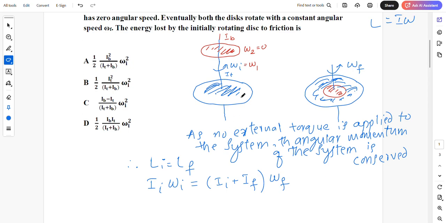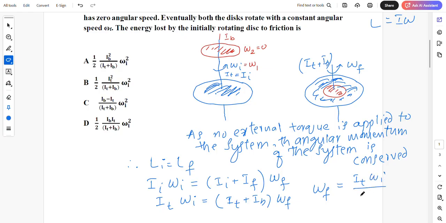So in place of I initial, that is IT, into omega I is equal to IT plus IB, since both are rotating together, into omega F. Omega F is how much? IT into omega I divided by IT plus IB.